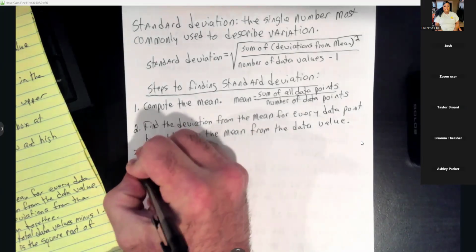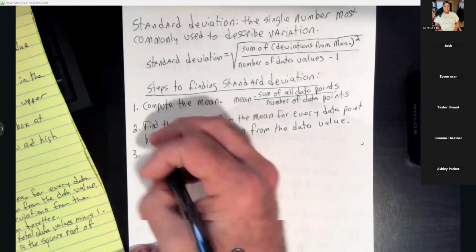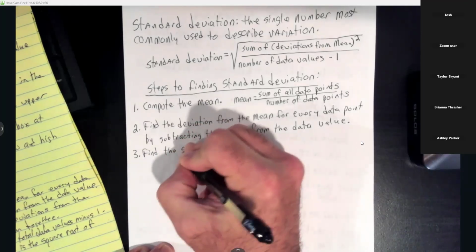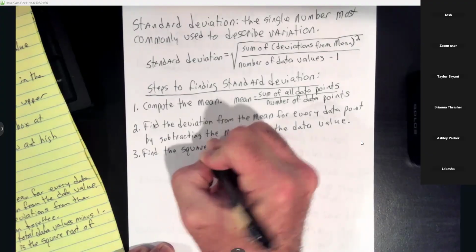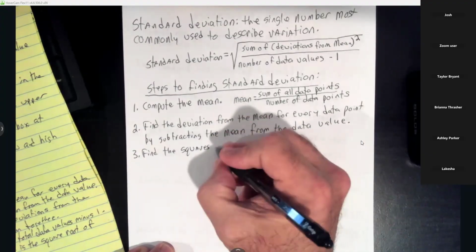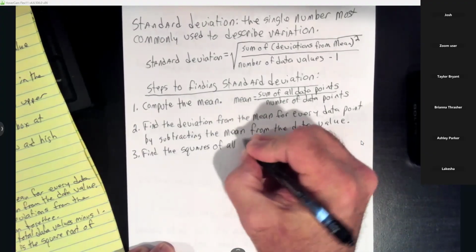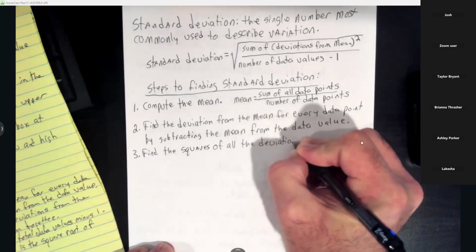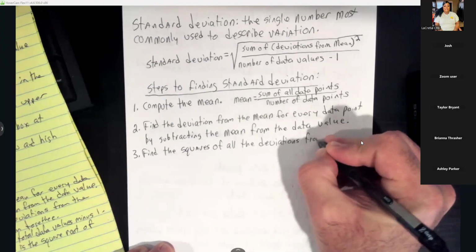Third step. We find the squares of all the deviations from the mean.